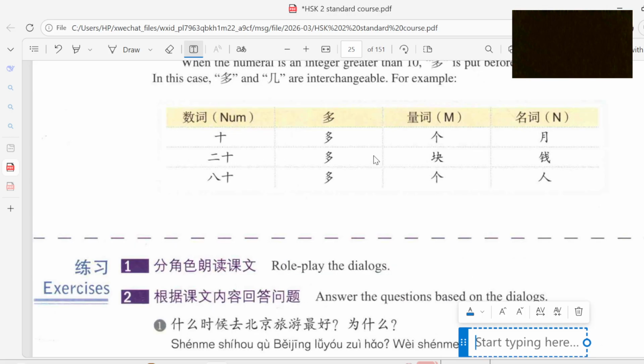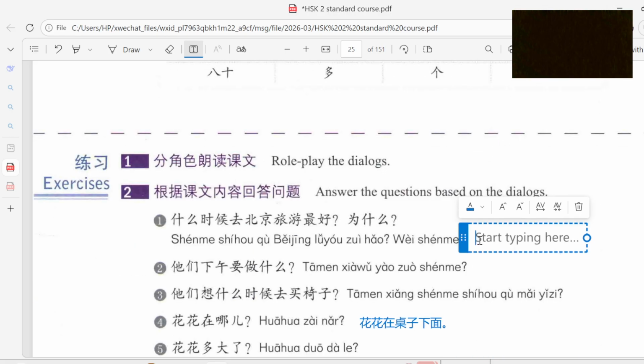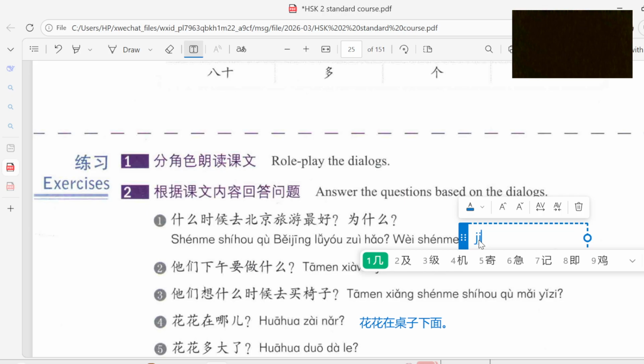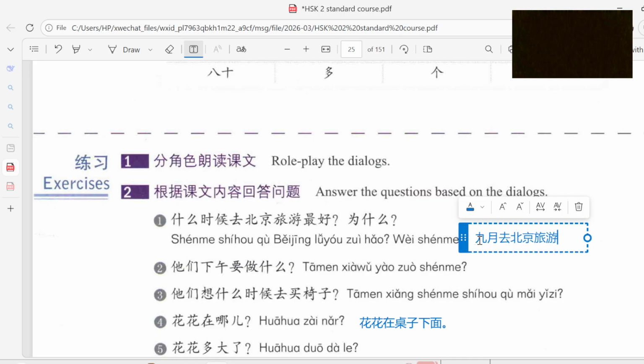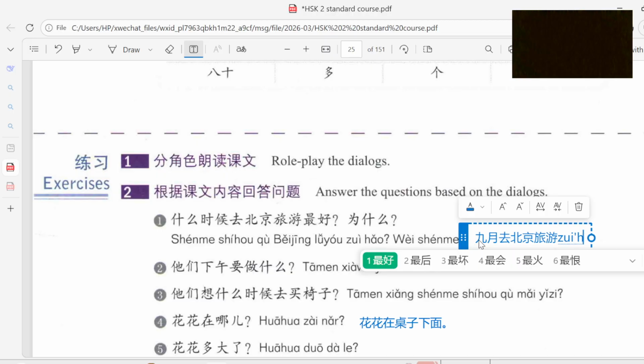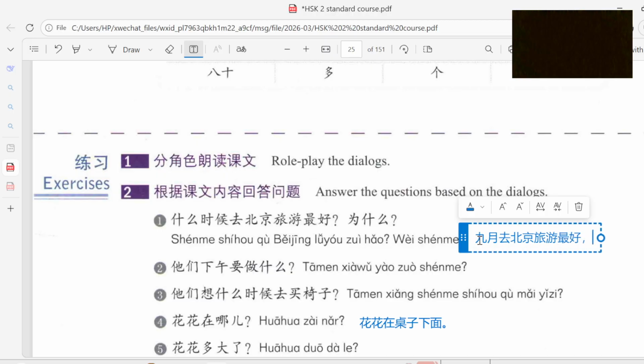What's the best time to go to Beijing for traveling? September, right? 9月, that's right. 9月去北京旅游最好。This is the first answer.